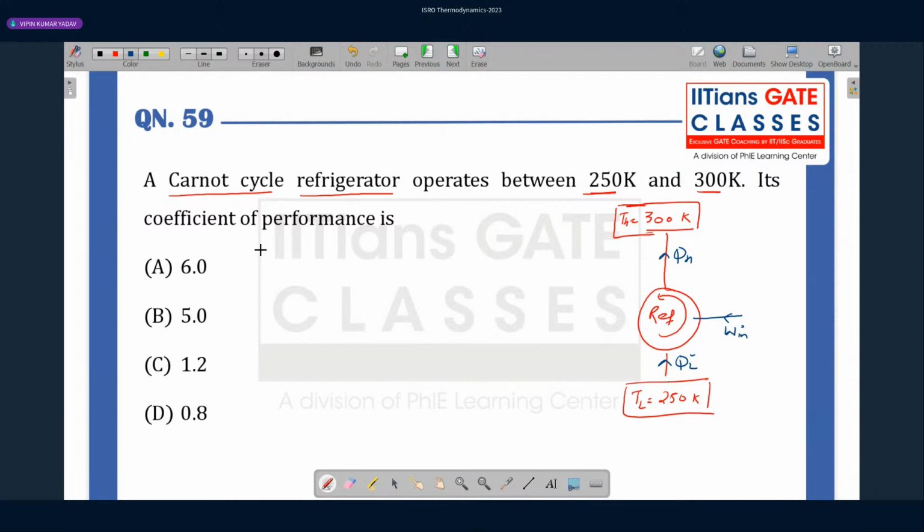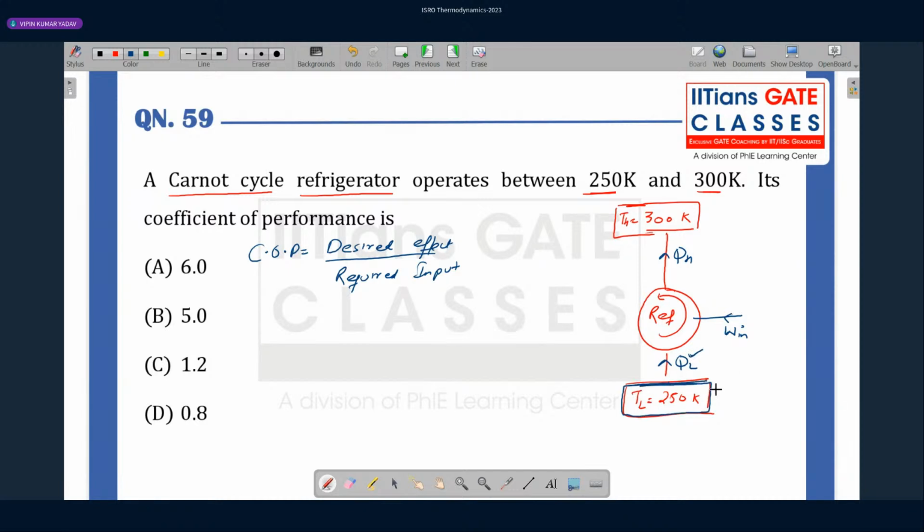Again, how do you define COP? Same formula: desired effect upon required input. What do you want from a refrigerator? The purpose is to extract this QL so that this space can be maintained at lower temperature.